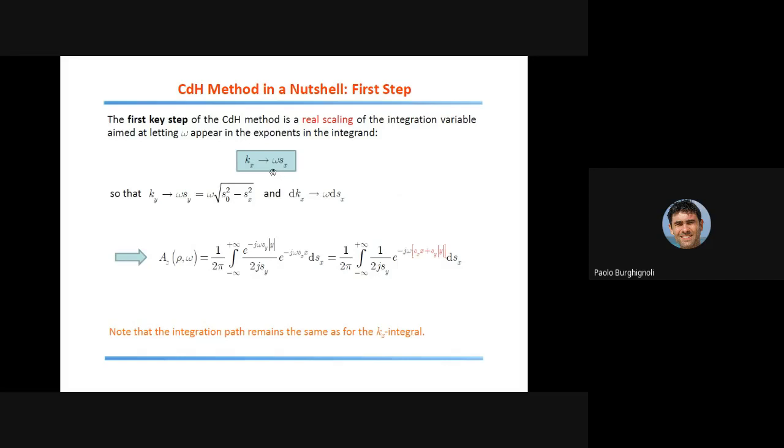The ratio between the old and new variable being the radian frequency omega. If you do that, then also the vertical wave number can be scaled in the same way, introducing the vertical slowness, Sy, which is related by a square root to the horizontal slowness, Sx. You, of course, need to change also the differential of your integral.